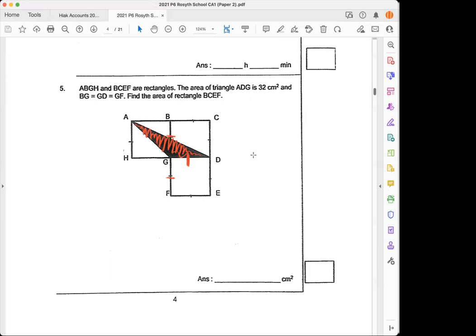If this is equal to this, then this will be equal as well, and this will be equal to this. Now, find the area of rectangle BCEF. So they are looking for the area of this rectangle.